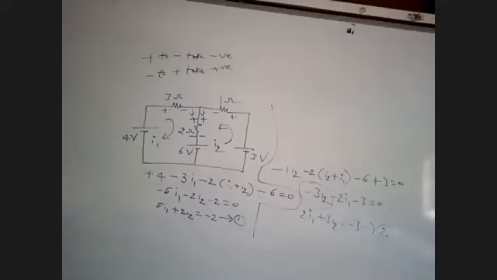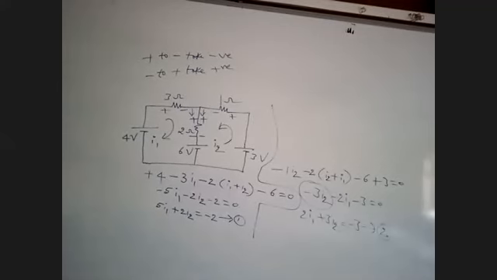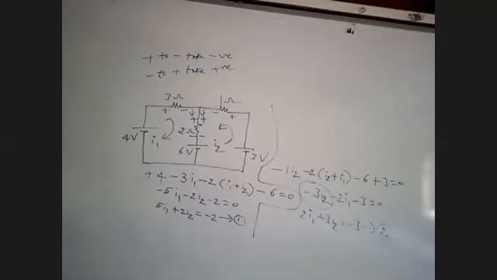If they are not giving, then everybody will take it. From which point should we start every time? Repeat once again: from which point should we start always? Any point. In the loop, we can start at any point. We can take from voltage or resistance, any point we can start for writing the loop equation.